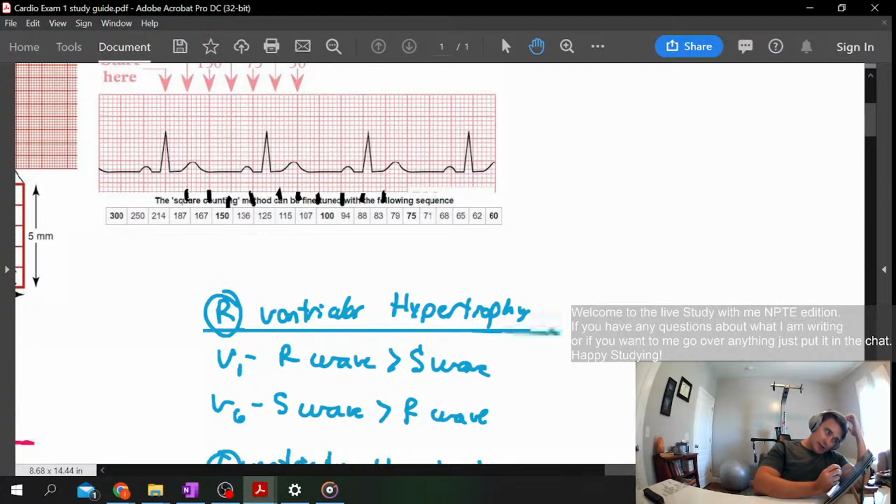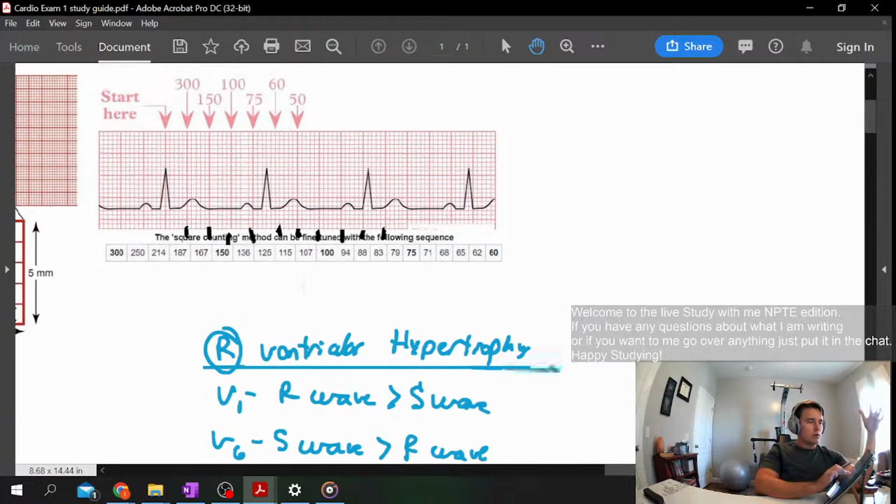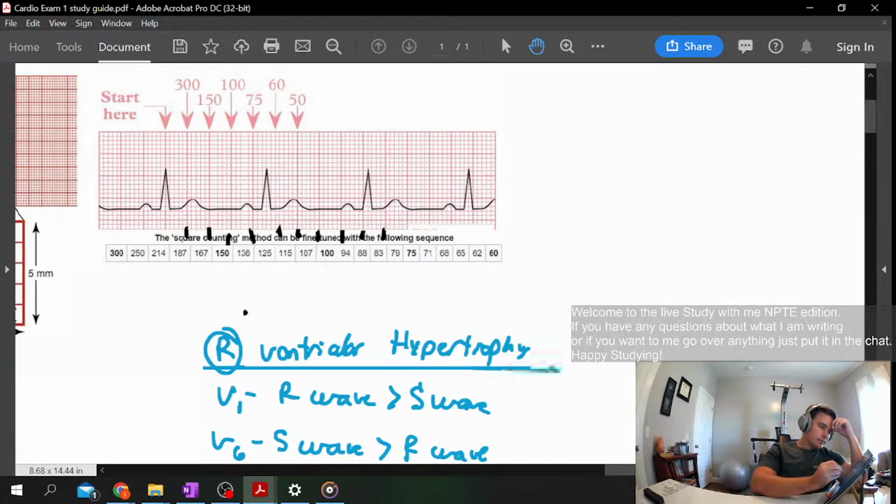So that's 10 seconds. In 10 seconds we have 1, in 20 seconds we have 2. So this is right around 60 beats per minute. If it was right here on this beat, this is right around 70 beats per minute. Okay. And you can also do, I think, so many boxes are 10 seconds.